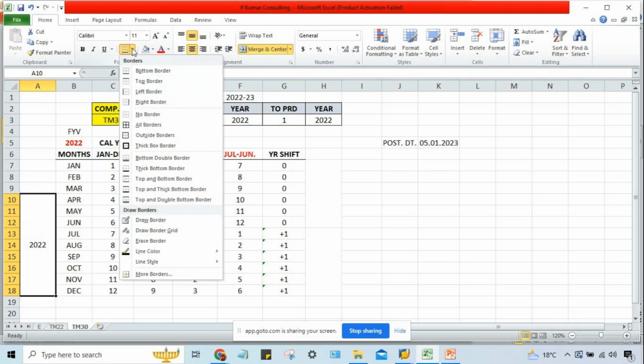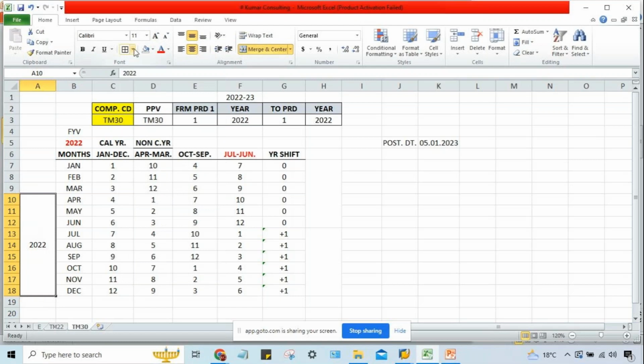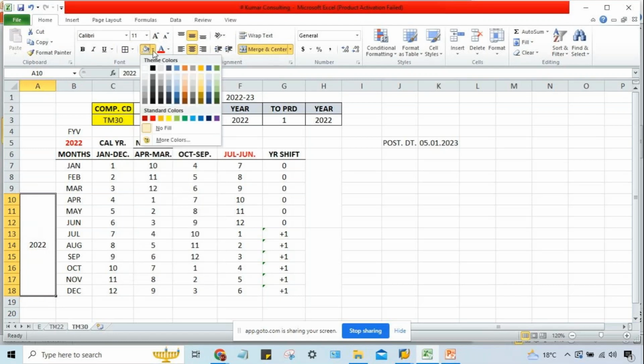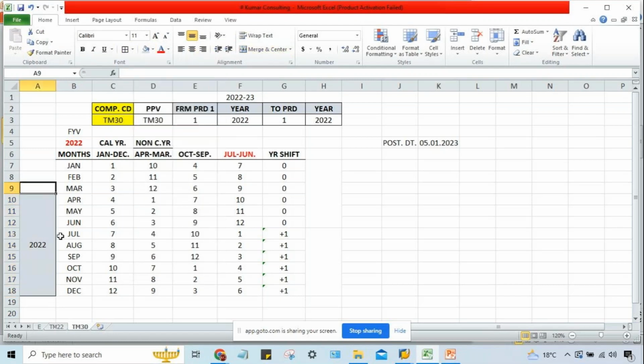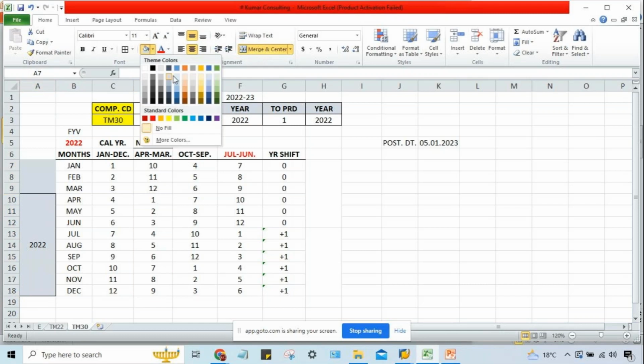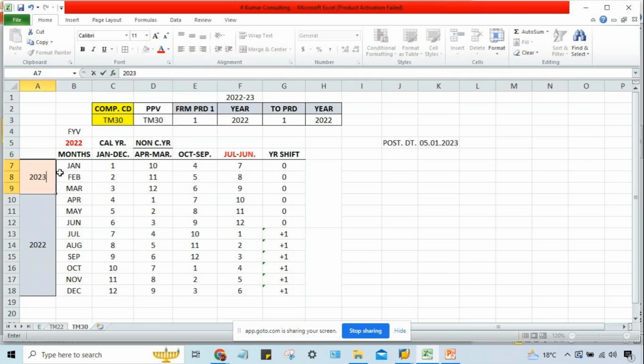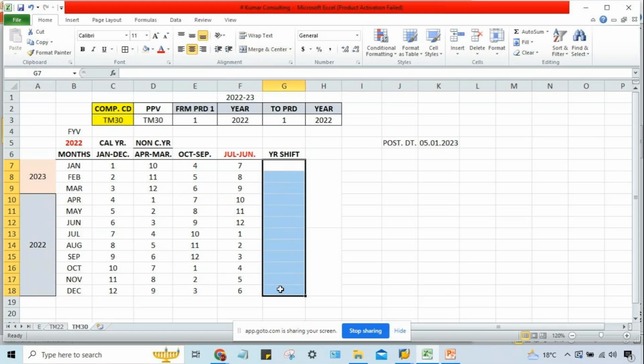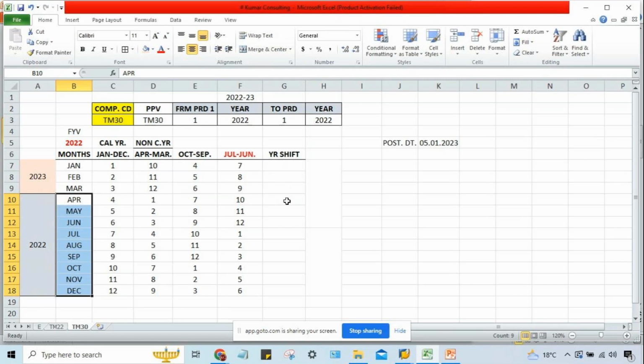Now here you can make it like this. So here April onwards is the first period, and then the last quarter falls under 2023, right? Now what is happening, guys? Simple. The client is saying April to March.